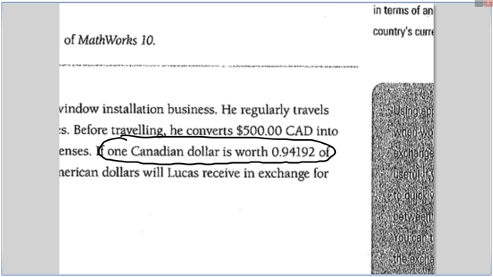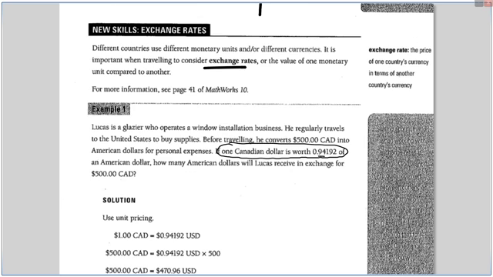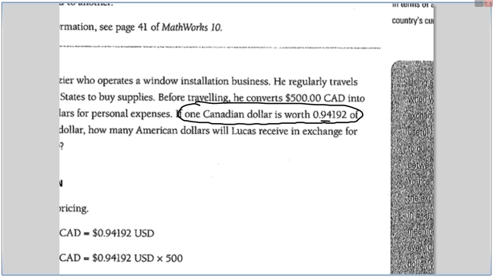So how I would solve this problem is I would translate this directly: 1 Canadian dollar is equal to 0.94192 US dollars. What this means is if I exchange a loonie, or $1, I'm going to get back 94 cents. So I'm always going to have less American than Canadian if I use this conversion.